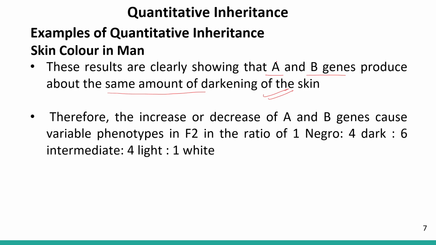So how much the A is producing the pigment, the same amount of the pigment will also be produced by B. Okay, so same amount of darkening of the skin. Therefore, increase or decrease of A and B genes causes the variable phenotypes in the F2 in the ratio of 1 Negro, 4 dark, 6 intermediate, 4 light, and 1 white.